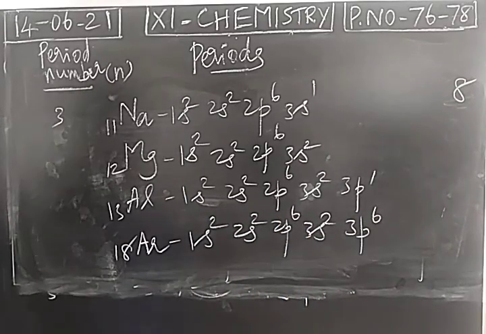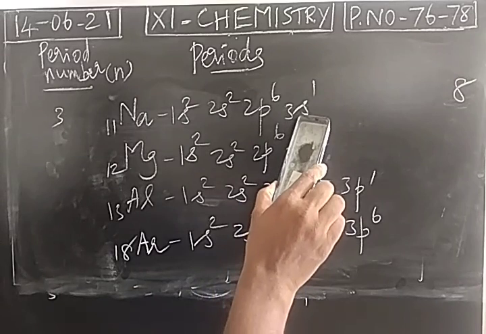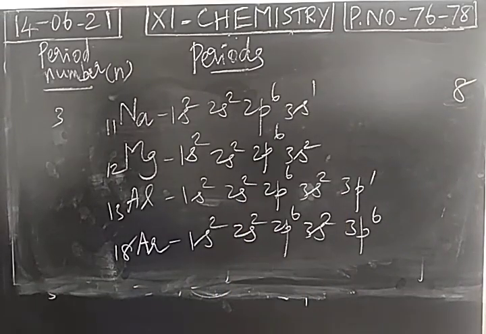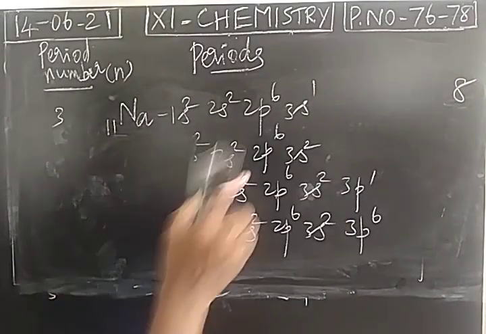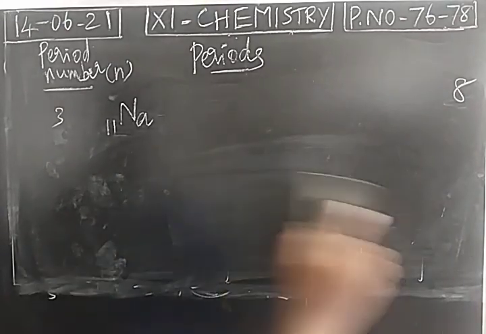So 18 electrons are placed properly. This is a completely filled electronic configuration. The electronic configuration starts with 3s1 and ends with 3p6. So what are the 8 elements present?